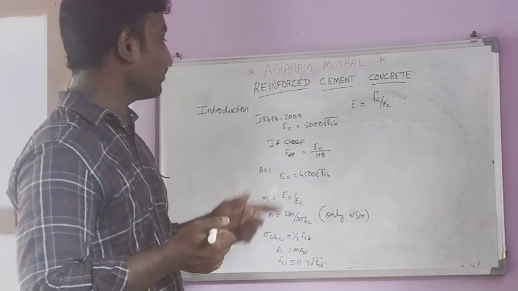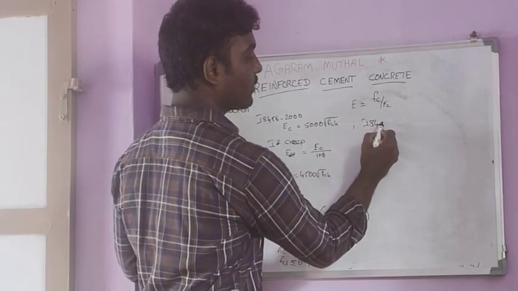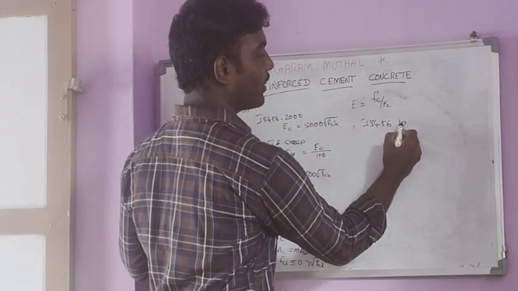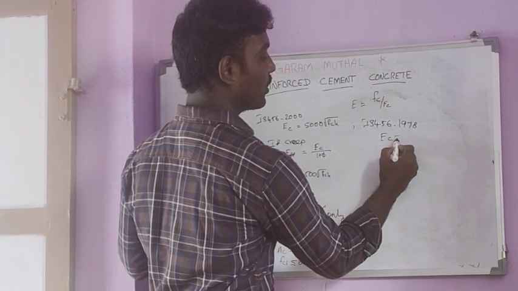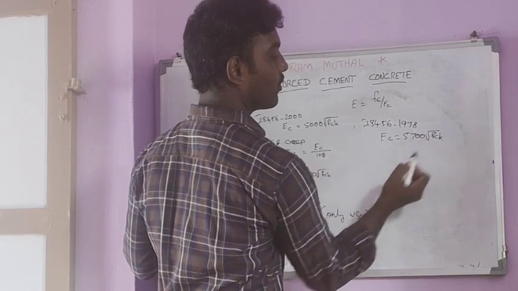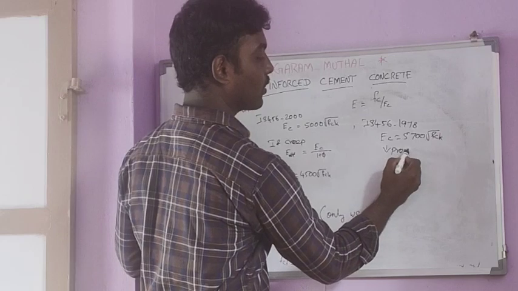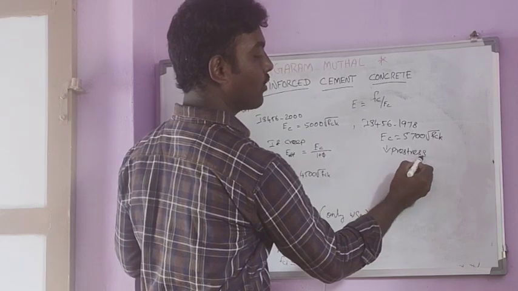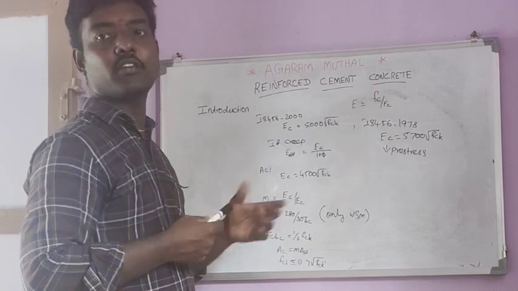The previous code, IS 456:1978, proposed that Ec is 5700 root of fck. We still use that in prestressed concrete, where we propose Young's modulus as 5700 root of fck.